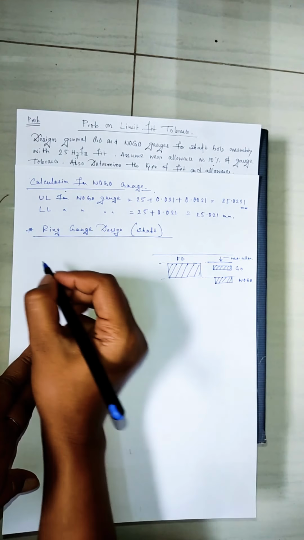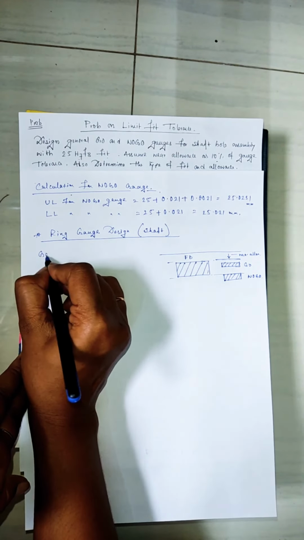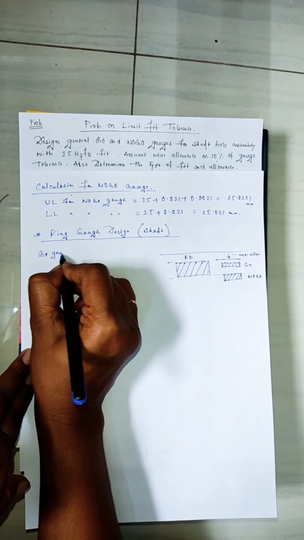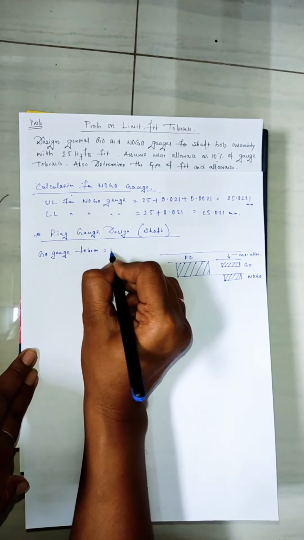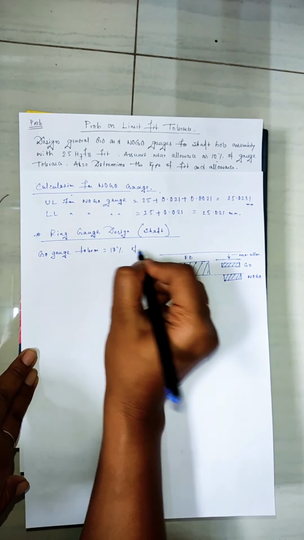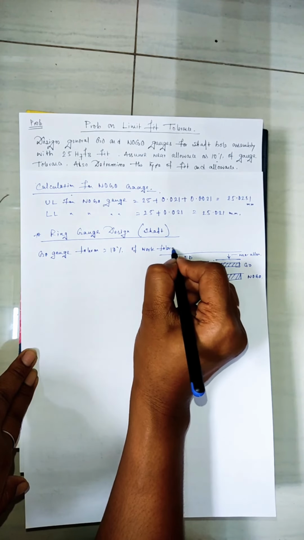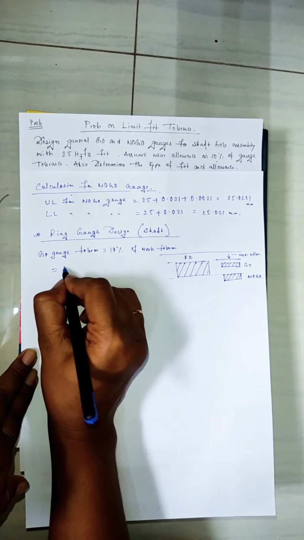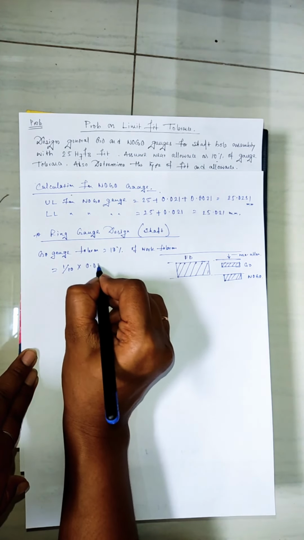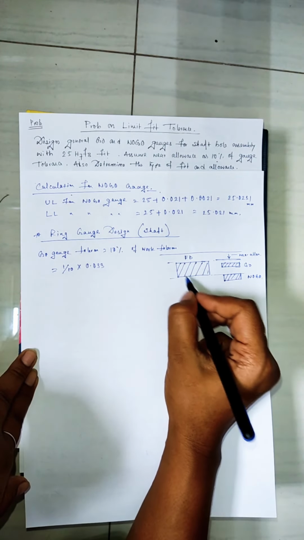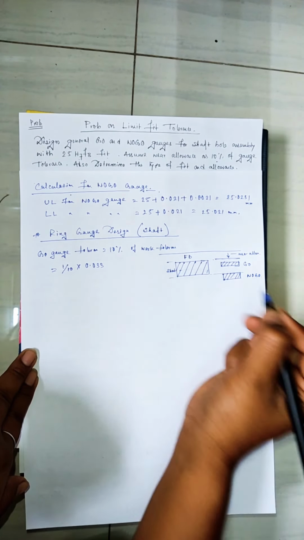The same formula: go gauge tolerance is equal to 10% of work tolerance, right? So that is 1 by 10 multiplied by 0.033, that is the tolerance for the shaft. Clear?